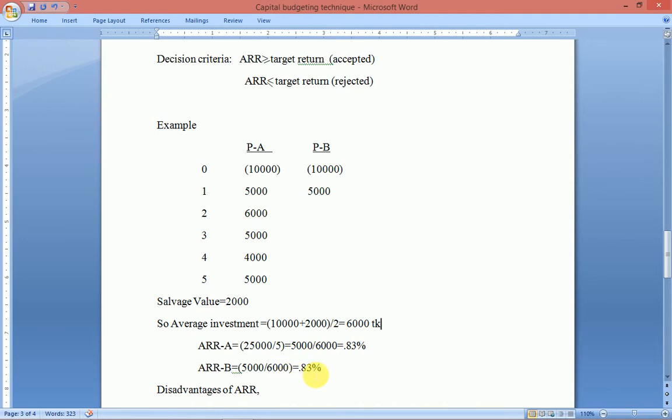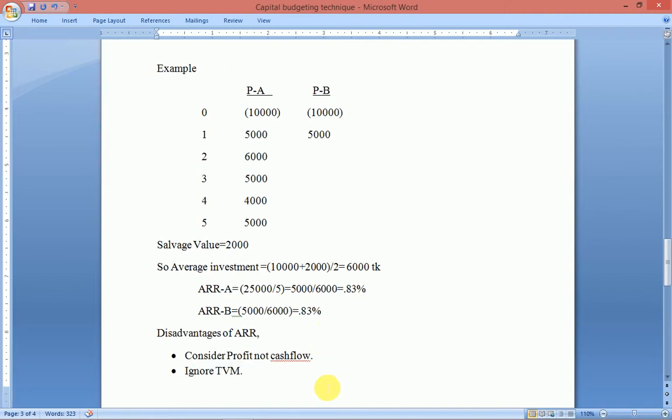If you consider the targeted rate is 80%, and the projects are independent, then both projects will be accepted because both are above the 80%.